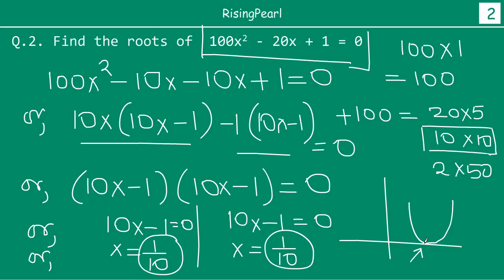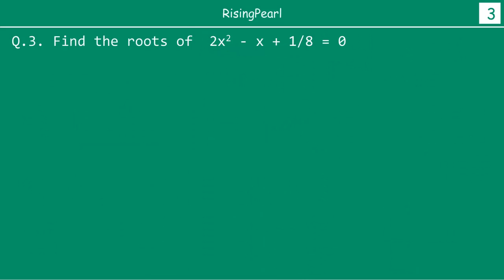Then there will be only 1 zero or one root for those equations, or 1 zero for the quadratic polynomial. So this is one such case where we have the graph touching the x-axis at only one point, which is 1 by 10. Alright, so let's keep moving.